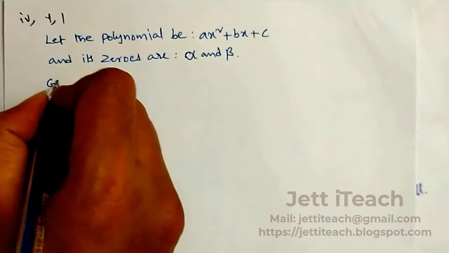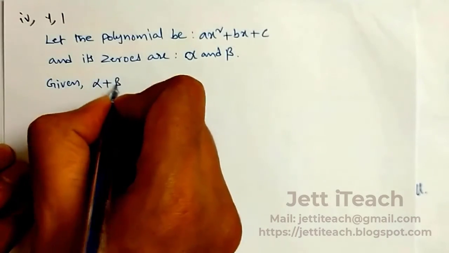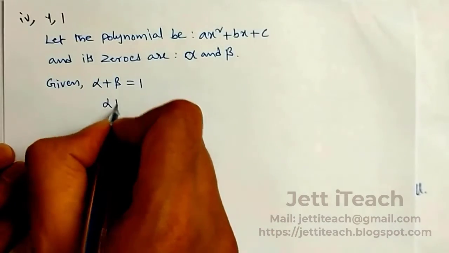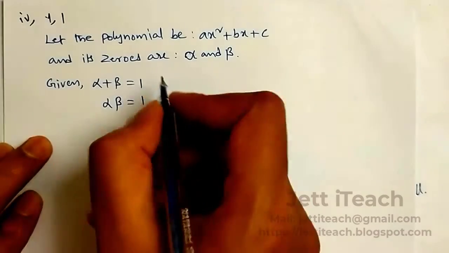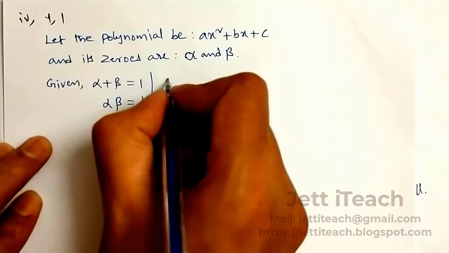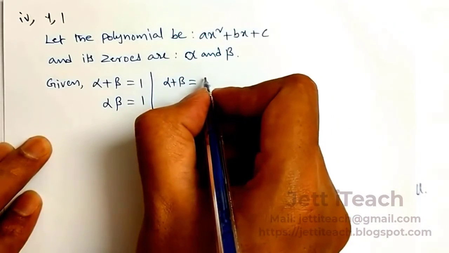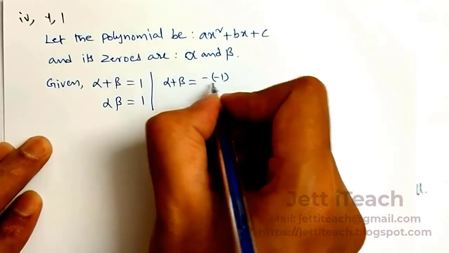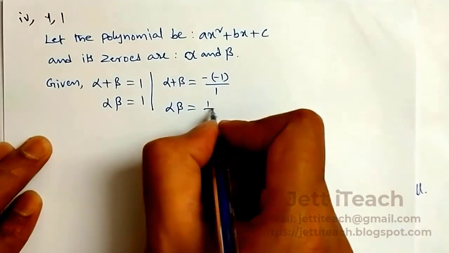Given, alpha plus beta equal to 1, alpha into beta equal to 1. From this you can write alpha plus beta equal to minus of minus 1 by 1, alpha into beta equal to 1 by 1.